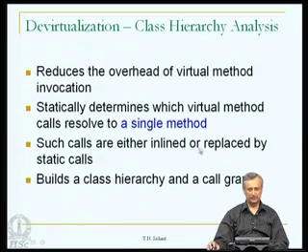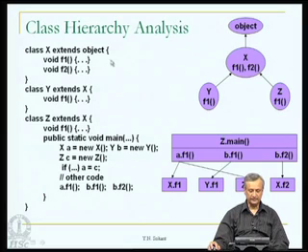I will show you an example of this, and we build a class hierarchy and a call graph along with it. So, take this simple example. Object is the Java superclass from which all classes actually have to derive.